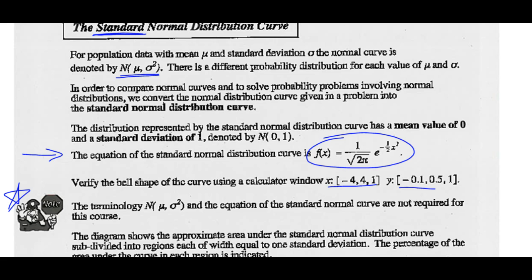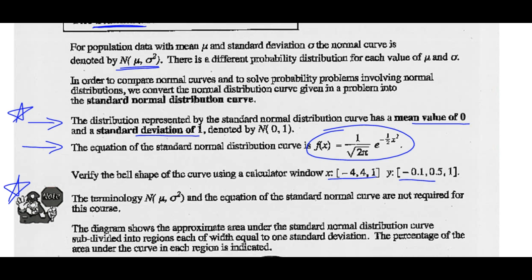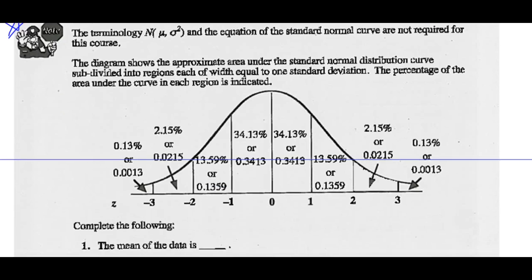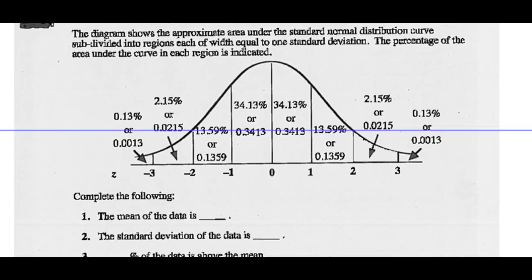The neat thing to remember is for a standard normal curve, we've got a standard deviation of 1 and a mean of 0. That's a big, big point to remember. So the diagram shows the approximate area under the curve if it's a standard normal distribution, subdivided into regions, each of a width equal to 1 standard deviation.